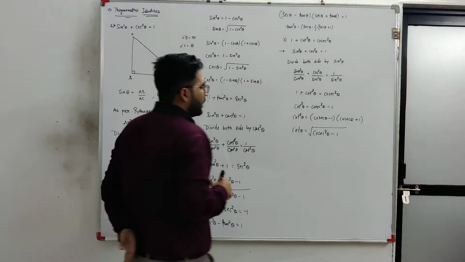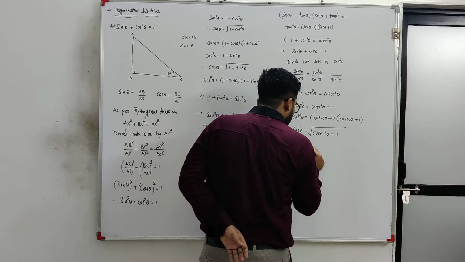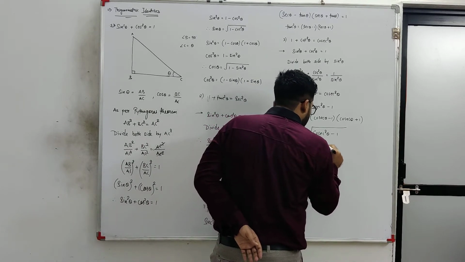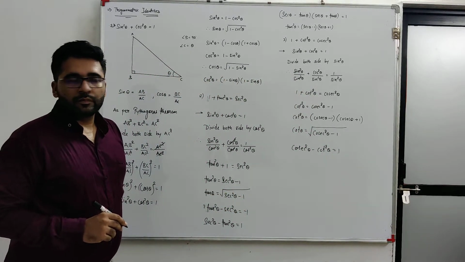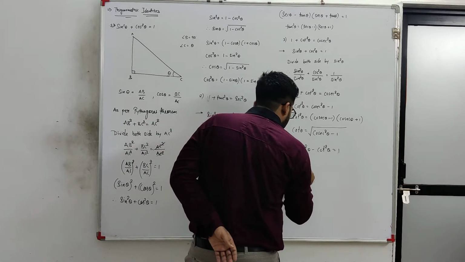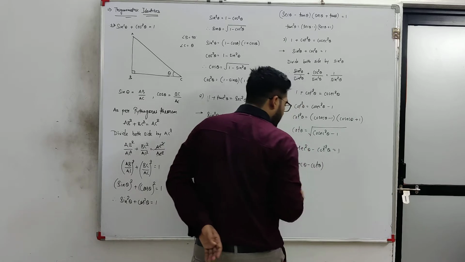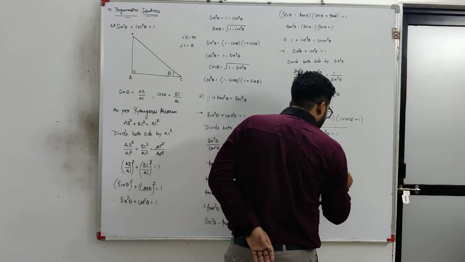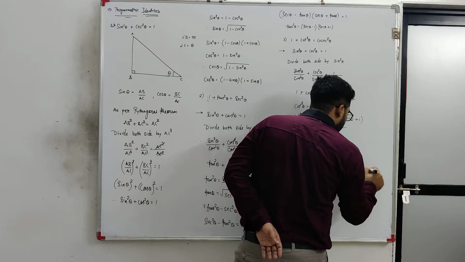One more way is what? Here I can write cosec square theta minus cot square theta is equal to 1. So how can we change it? We can change it like this: (cosec theta minus cot theta) times (cosec theta plus cot theta) is equal to 1.